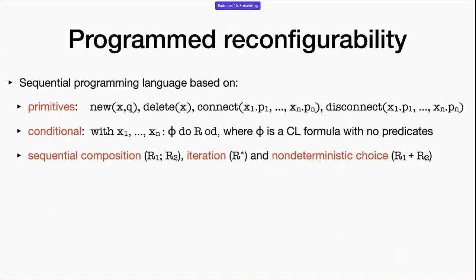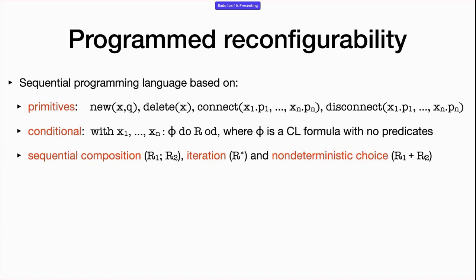And to describe now reconfiguration by programs, we have introduced a very small programming language consisting of 4 primitives. 2 for creating and deleting components, and another 2 for creating and deleting interactions, connect and disconnect. Then we have a conditional statement that matches a formula with free variables against the network, against the configuration.